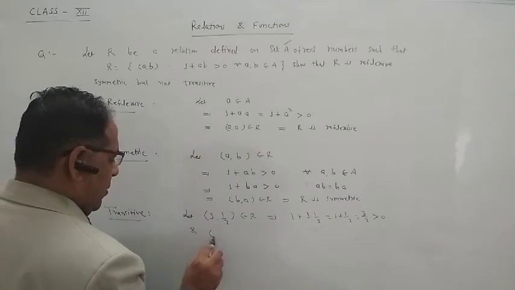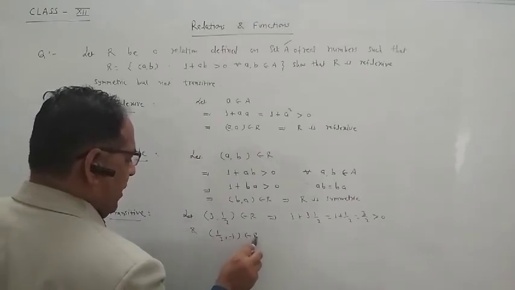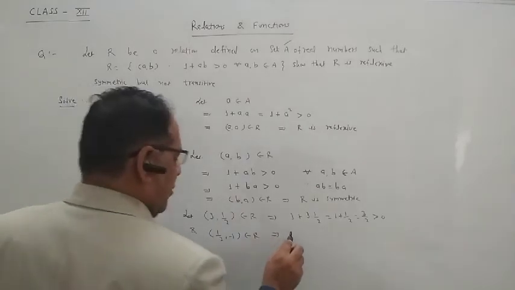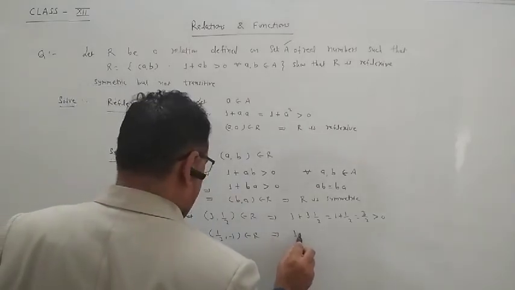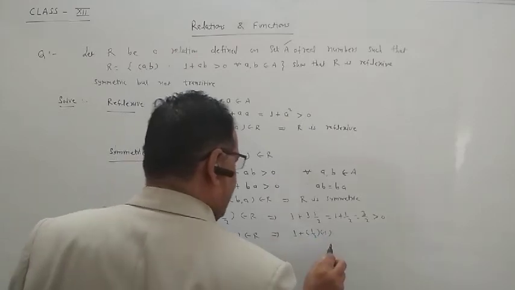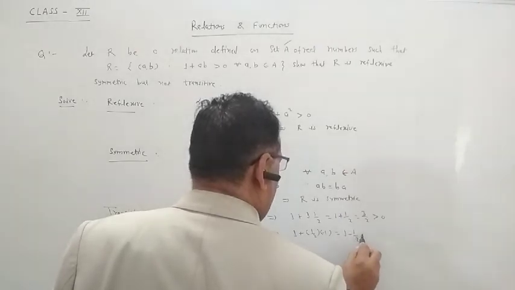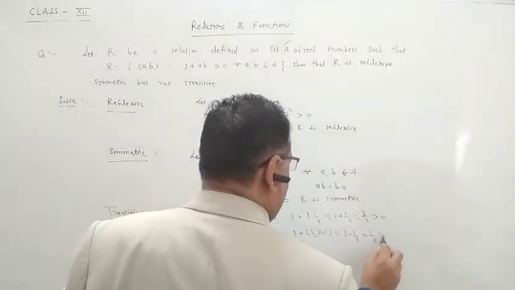And (1/2, -1) belongs to R. This implies that 1 plus 1/2 into minus 1 equals 1 minus 1/2, which is 1/2, greater than 0.